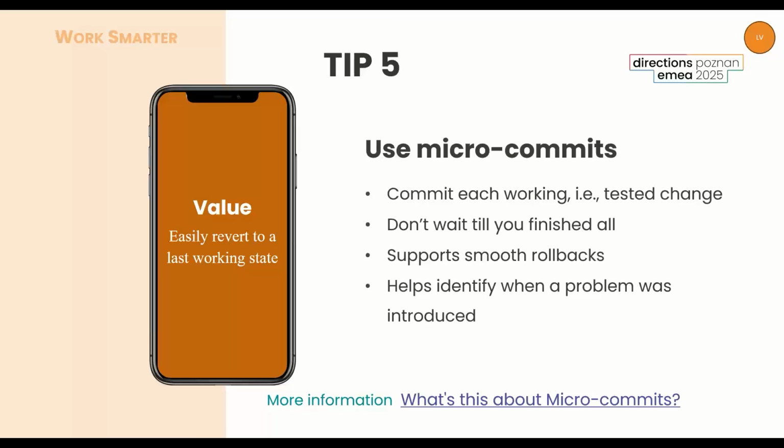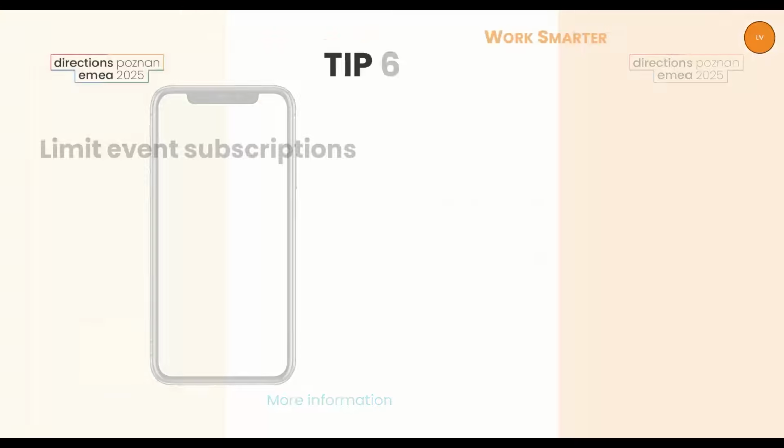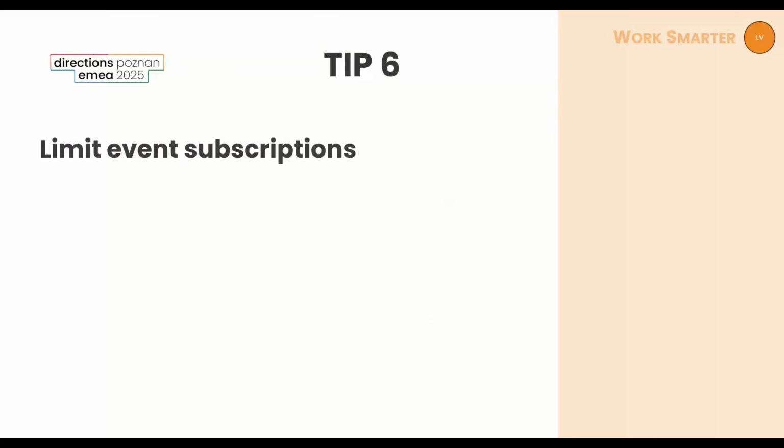If you make small steps, you can see that the next small step failed, okay, then everything up till the last small step was okay. So you can smoothly roll back and easily find where the problem was. So you're not lost in big space because you did a huge commit. There's a small reference to an article which is worthwhile reading.